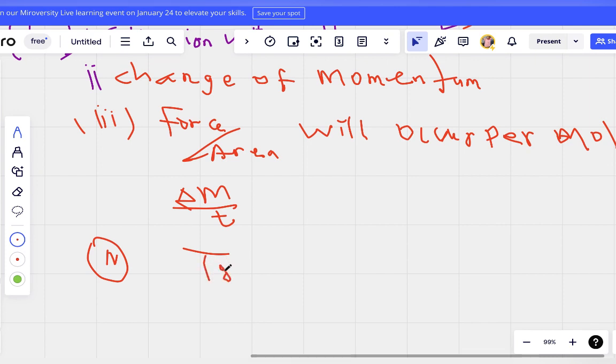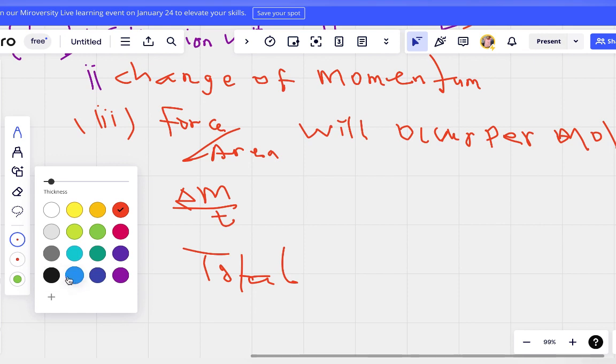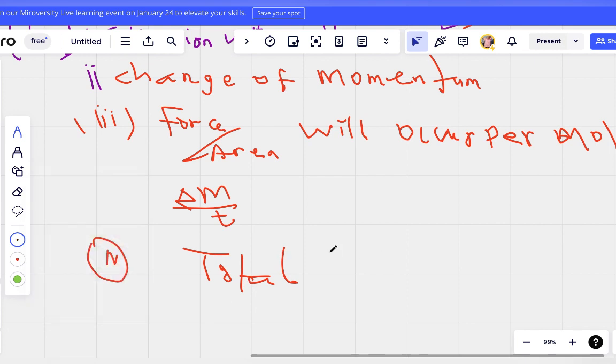Total force means all the molecules will contribute to this force over an area. There will be a total force over the total area, divided by the total area of the walls.